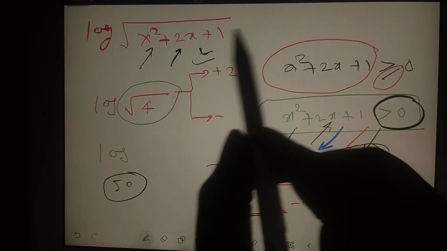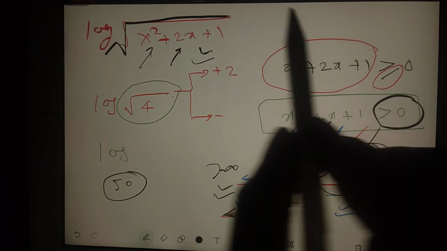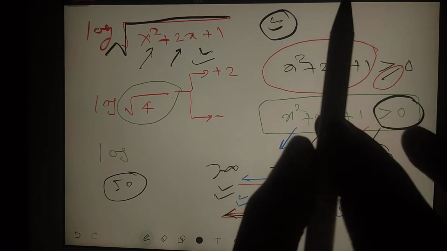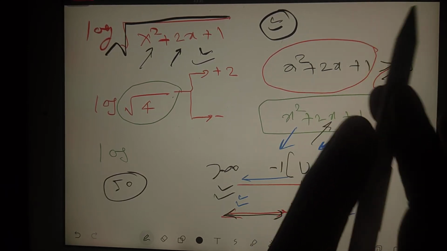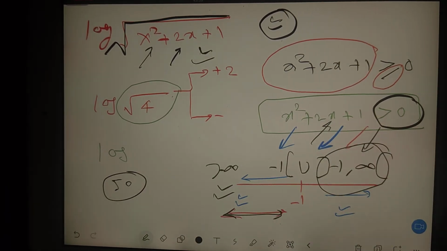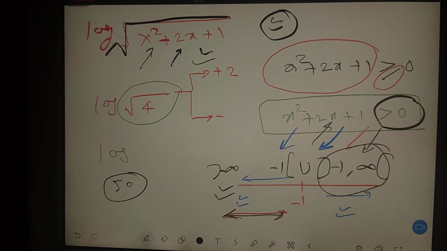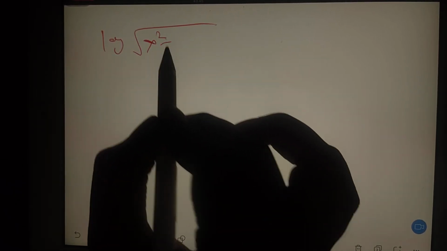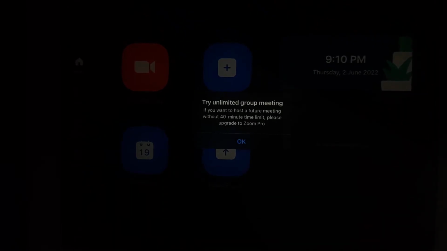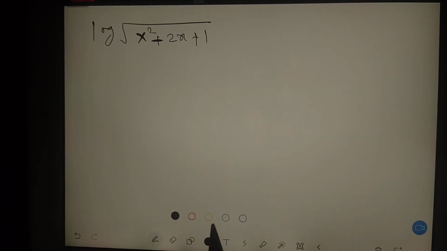Now, what root it is giving you, that is a different scenario. This thing is clear that I am going to get root 50. But here we will choose in one more way. I'll tell you what I'm going to choose. In front of log you have under root x square plus 2x plus 1. Okay, the meeting was over, so now we are joining again.